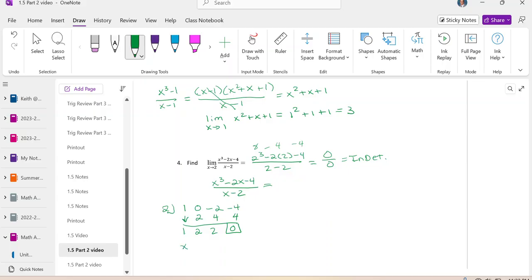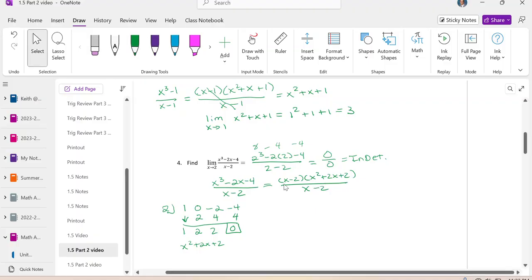So this becomes x squared plus 2x plus 2. So when you factor this, it's x minus 2 times x squared plus 2x plus 2 over x minus 2. So basically that gave us the factorization of the cubic by using synthetic division.